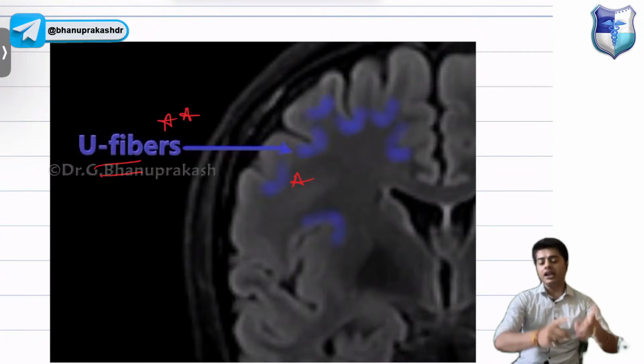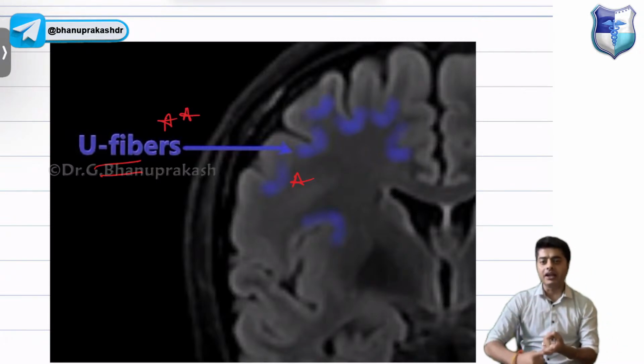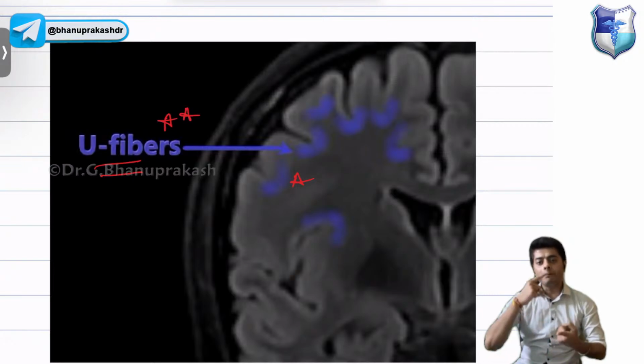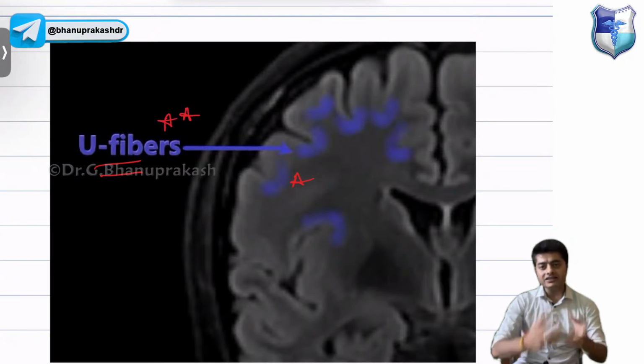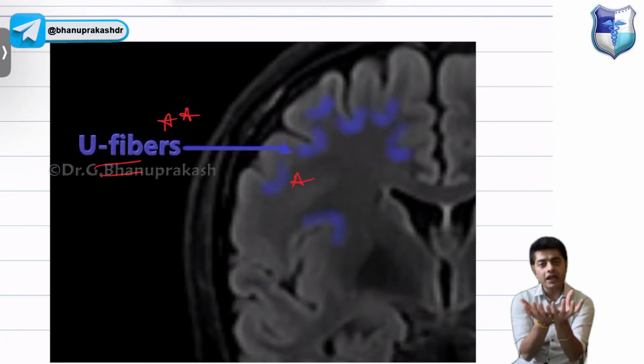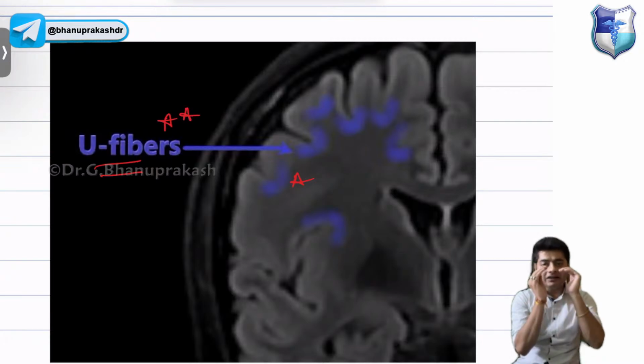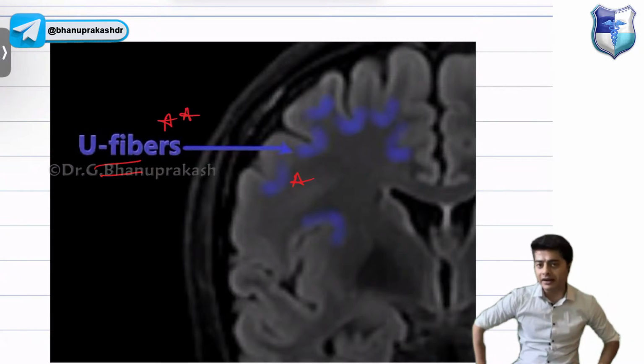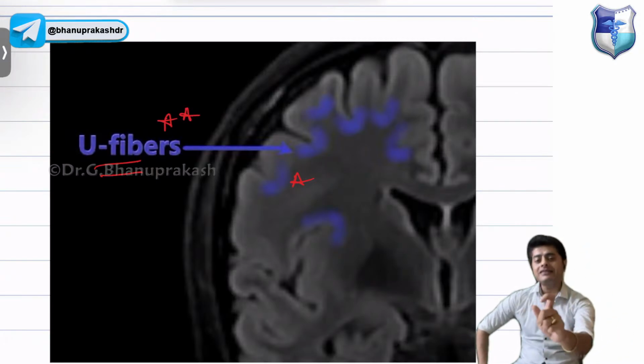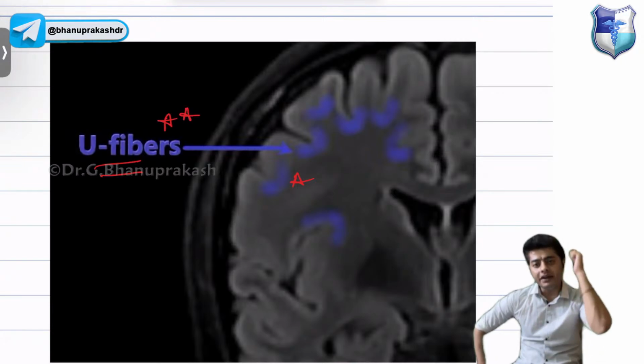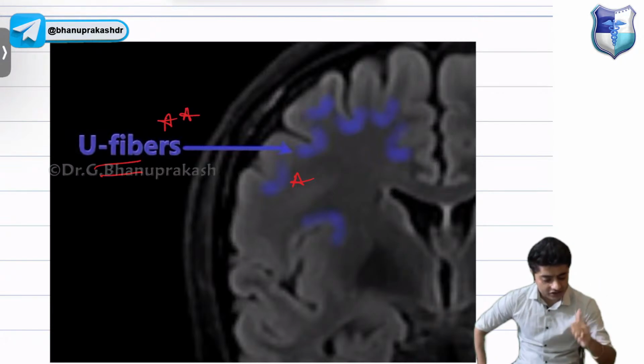If it is in juxtacortical or cortical, it will be multiple sclerosis, because juxtacortical or cortical is the gray and white matter junction, and it involves U fibers also. But this does not happen in small vessel white matter disease. So if hyperintensity is in juxtacortical and U fiber is there, then it is a sure shot of multiple sclerosis.